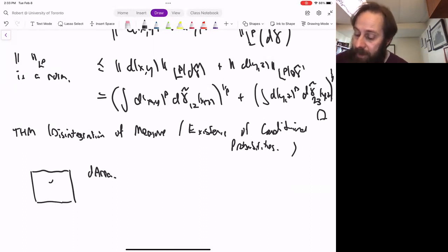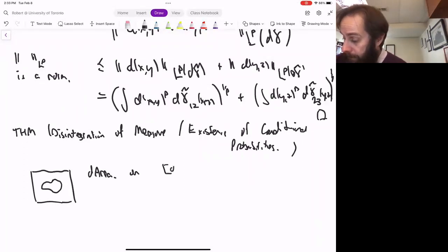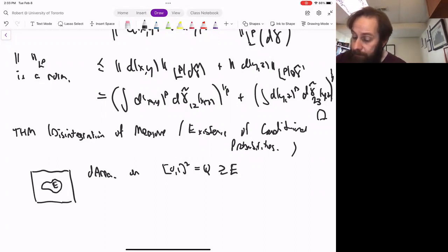And if you have some subset of the unit square, call it E, a nice measurable Borel set, whatever you like, you would like to factor the area and say, well, if I looked at the length of every vertical segment in E, and I add up these lengths, that should give me the area of E. And in fact, this situation is so simple that we know this is true.